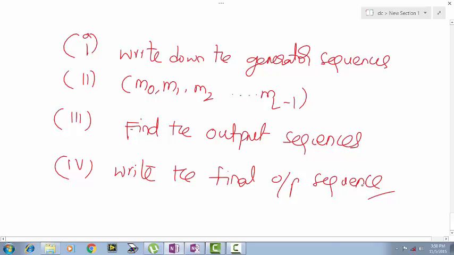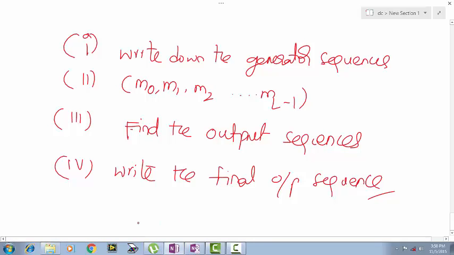In the previous example we are having 2 outputs, so the multiplexer switches between the first output and second output. So 1 bit from the first output, 1 bit from the second output.